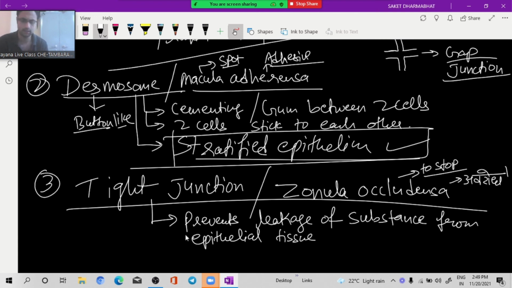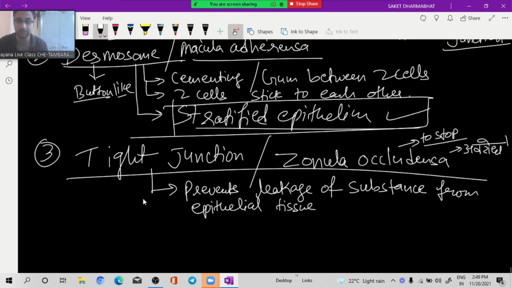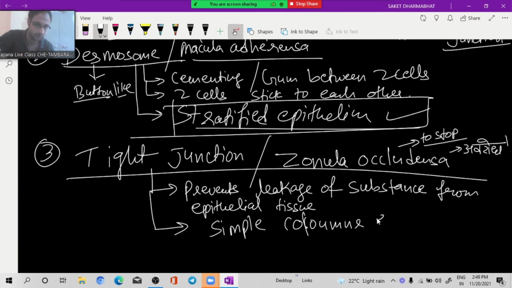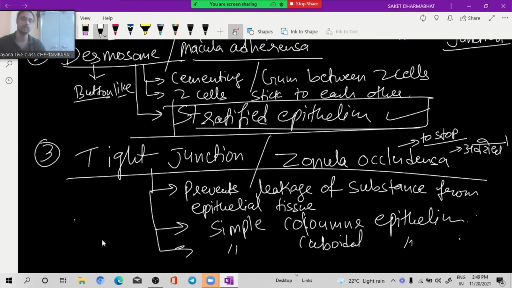The epithelium which secretes some substance is called glandular epithelium. Absorption and secretion are functions of simple cuboidal epithelium and simple columnar epithelium. Tight junction is present more where secretion is going on, in both.